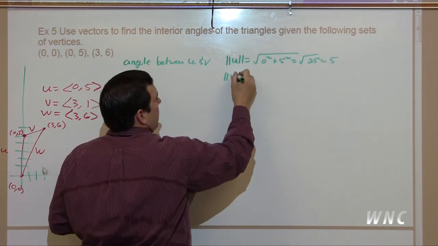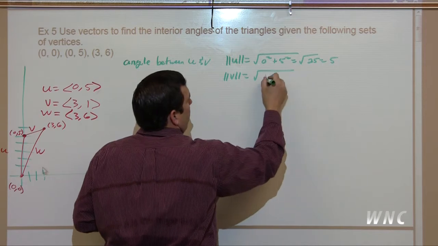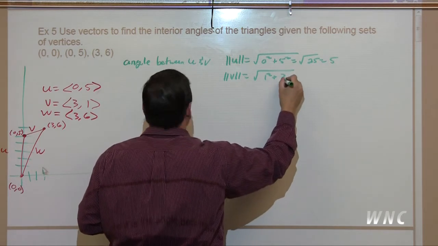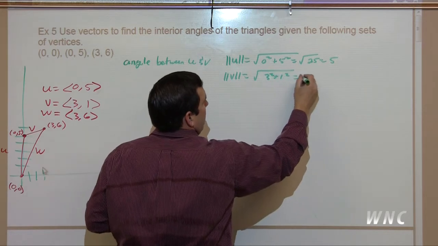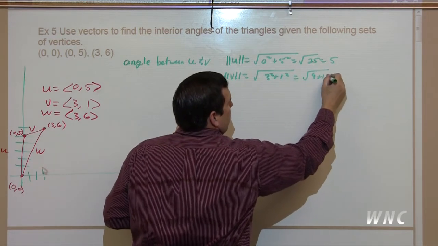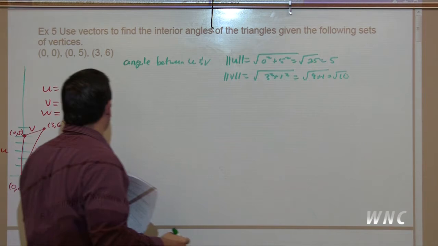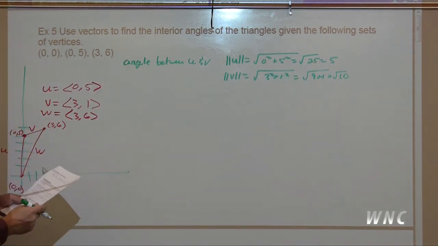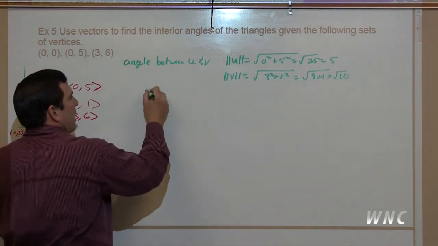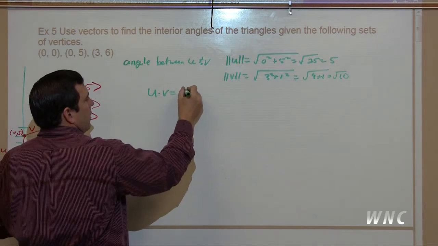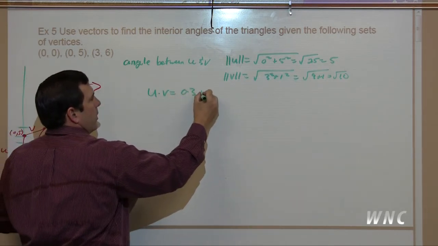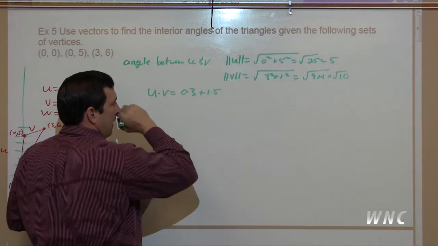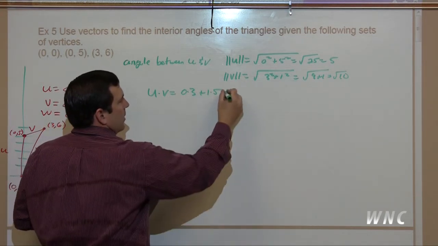The magnitude of v is going to be the square root of 3 squared plus 1 squared, that's 9 plus 1, which is the square root of 10. Now u dot v is going to be 0 times 3 plus 1 times 5. And that's going to be 5.